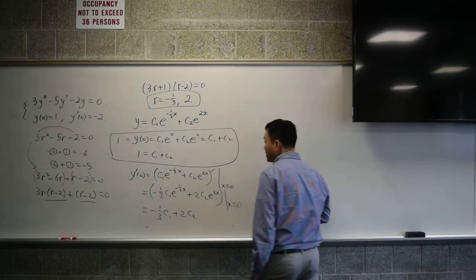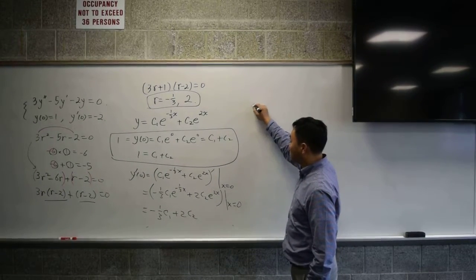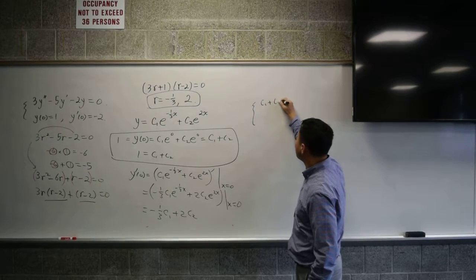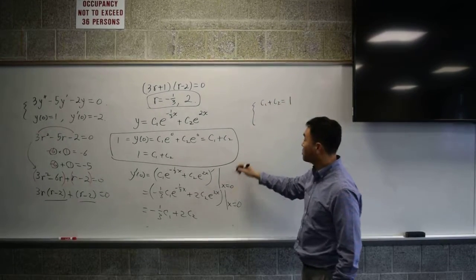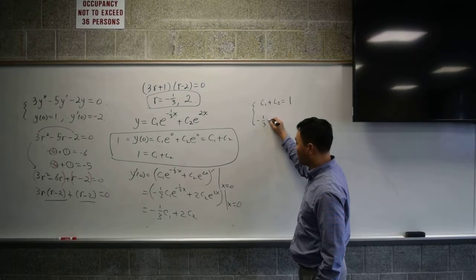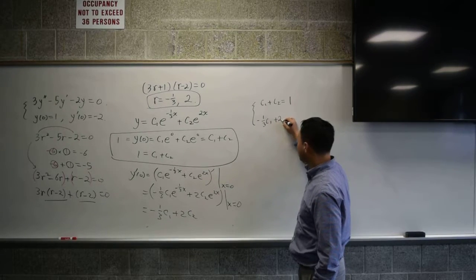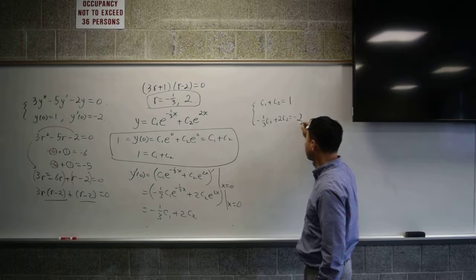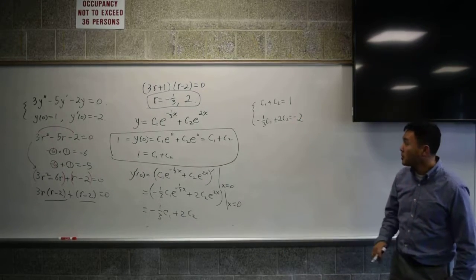That means you have the following system of equations. First one says c1 plus c2 must be 1. The second one says negative 1/3 c1 plus 2c2 must be negative 2.